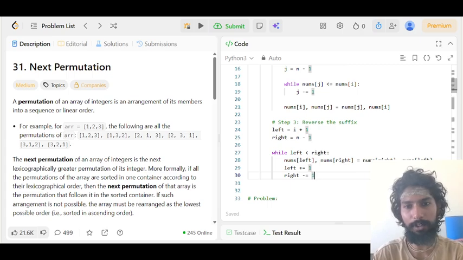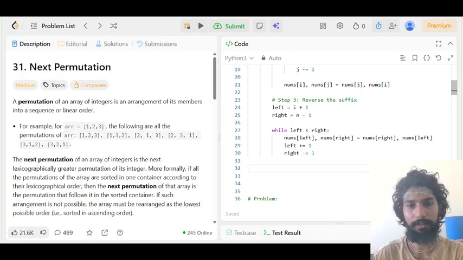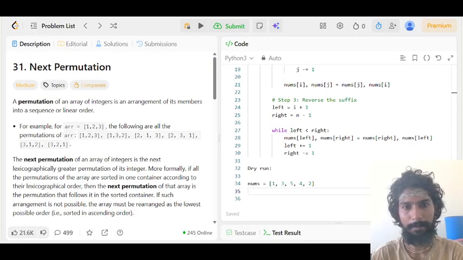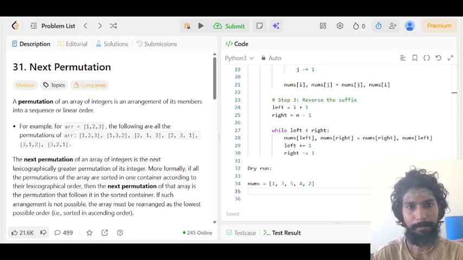Now let's try to dry run one example. Let's say this is our nums equal to 13542. So we start from index equal to n minus 2. Step 1 is find pivot.